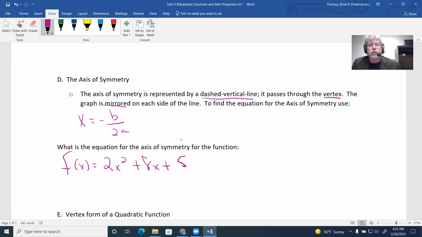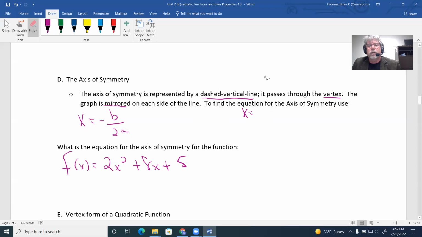So the equation of the axis of symmetry, again, is going to be x equals some value. That kind of gets confusing because this a is not the same thing as the other a. So let's maybe call it something else here.